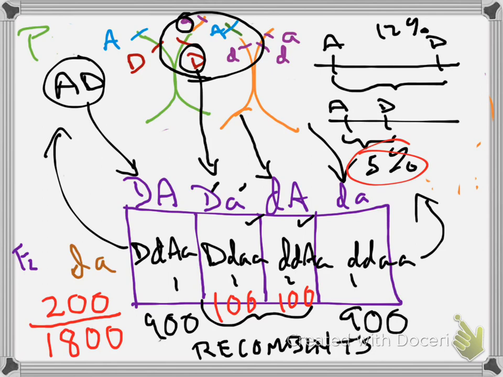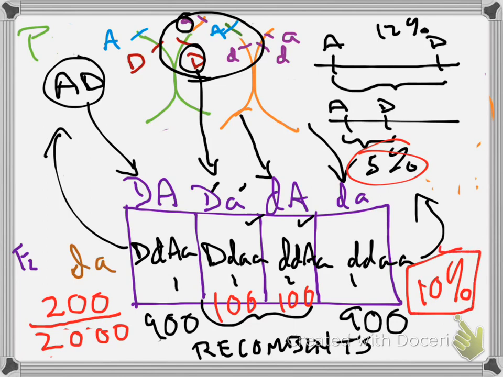Okay, so 900 look like one parent, and 900 look like the other parent, and only 100 of each kind of recombinant, give or take. All right. So then my total number of offspring is this nice, clean, wonderful 2,000. Okay. And so what is my percentage there? All right, cancel everything, and it is, right, 10%. All right. So I have 10% chance of getting a recombinant.